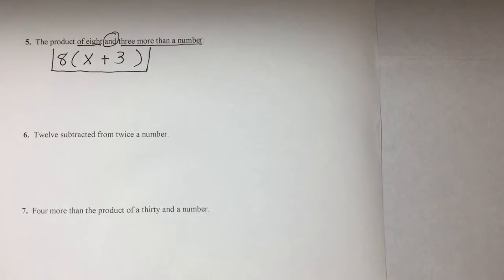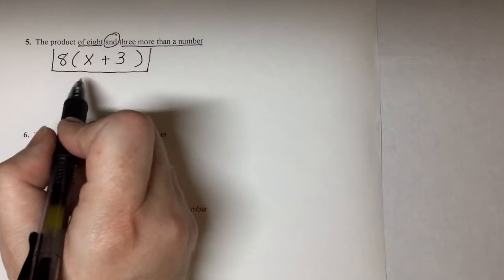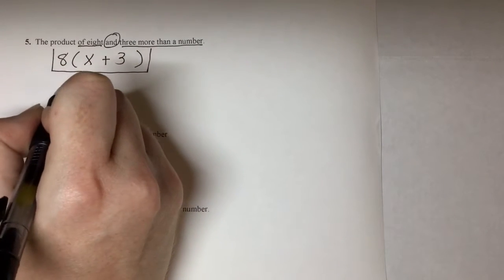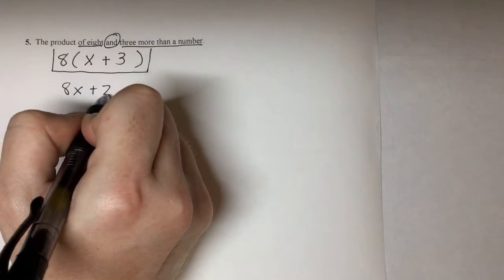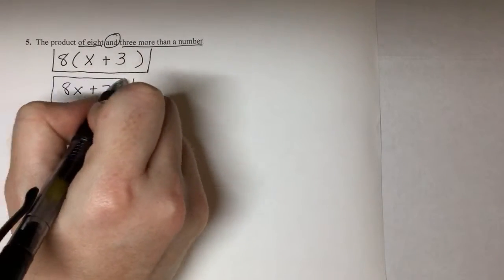This is the direct translation. Again, write that step down. Do not try to skip steps. Then to simplify, this has parentheses so it isn't simplified. I'll use the distributive property. 8 times x is 8x. 8 times positive 3 is 24.